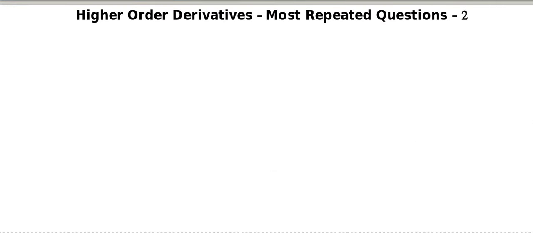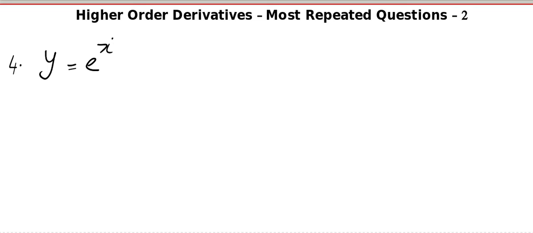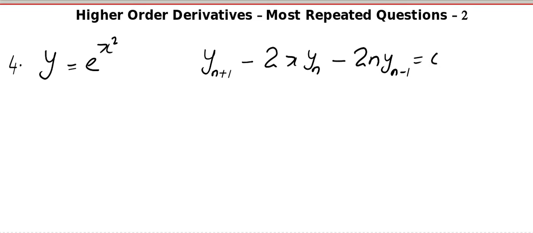Okay, now I'll go for a really weird question. It's kind of like weird compared to the previous questions. So it's given that y is equal to e to the power x square. And they're asking us to prove that only one question. n minus 1 equal to 0.